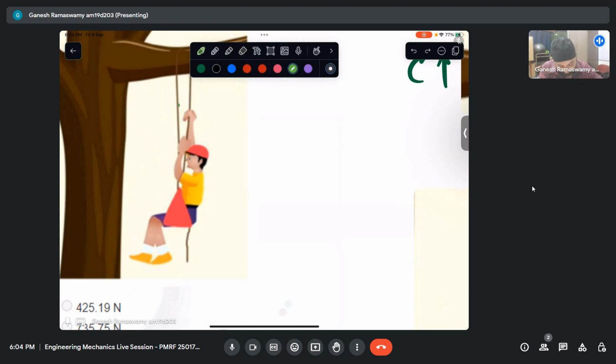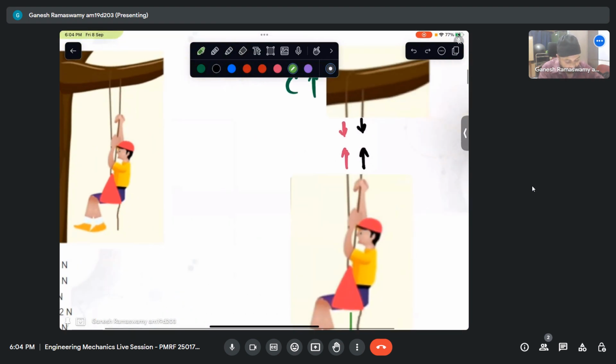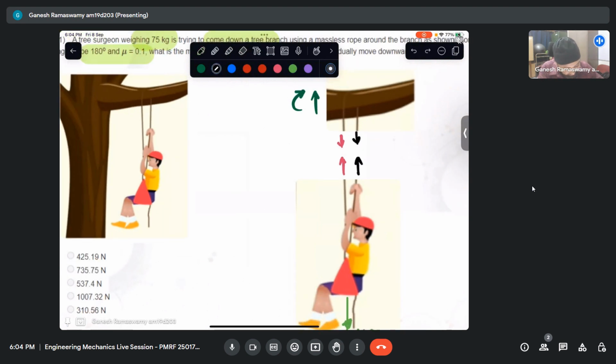So this is carrying the entire weight downwards, and he is holding this in order to prevent him from falling down, but instead he is just applying minimum load to keep his acceleration to a minimum so as to slowly come down. So we can clearly see that this is T2 and this is T1.